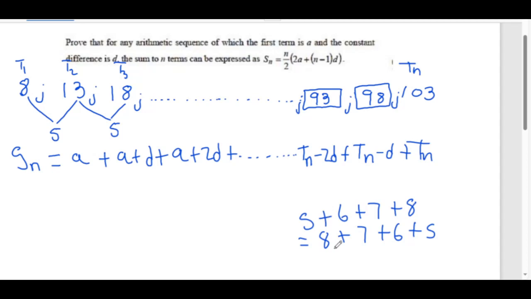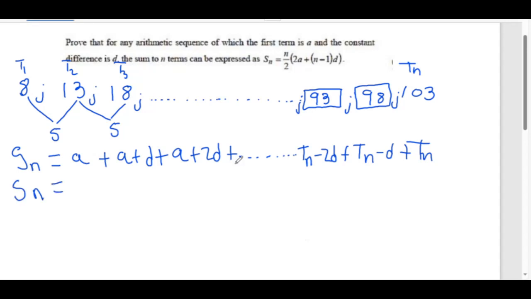This is one and the same thing. I hope you understand that. I'm going to use that now. I'm just going to add from here going that side. It's the same sum, adding the same thing, just starting from this side.